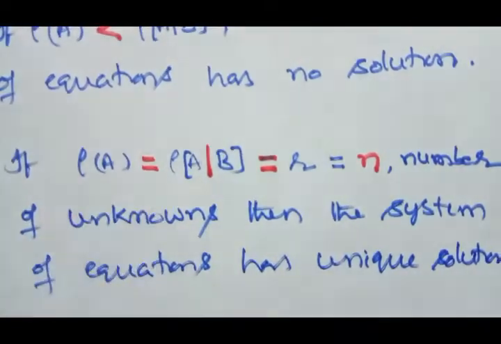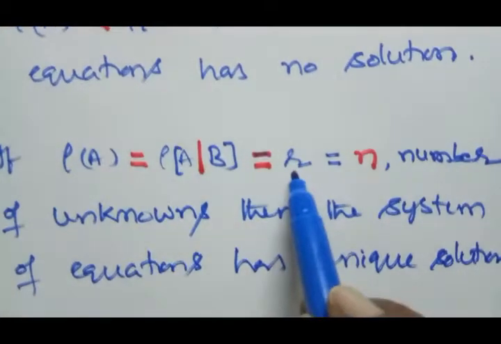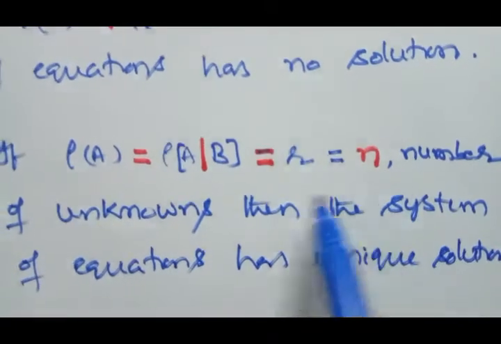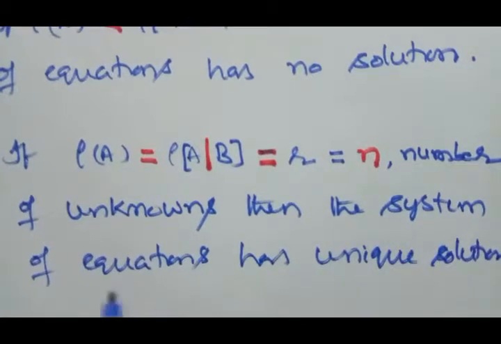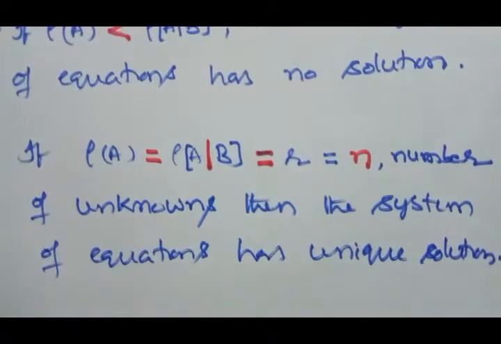So if rank of A is equal to rank of augmented matrix, the common rank is denoted by small r, and this common rank is equal to the number of unknowns in the given system of equations, then the system has a unique solution.